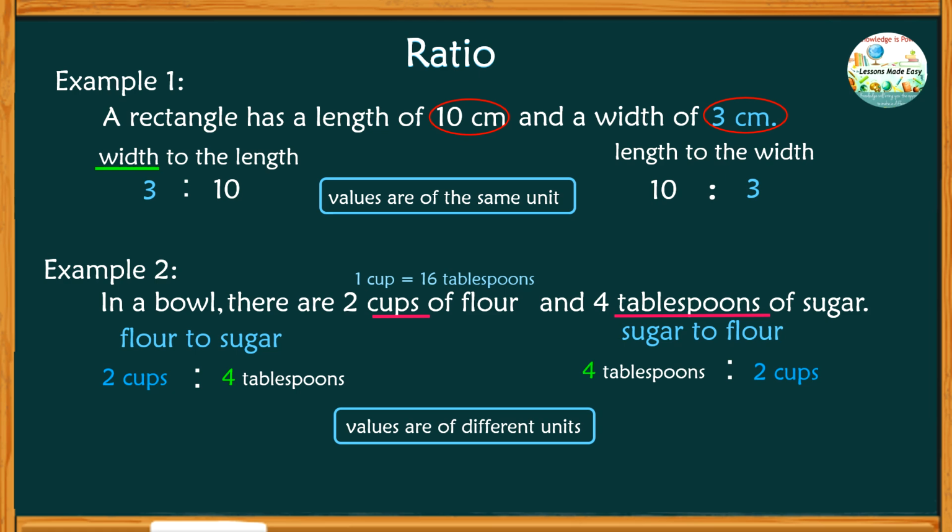We can rewrite this ratio as 32:4, and the ratio of the sugar to flour can also be written as 4:32. In a fraction form, this would be 32/4 and 4/32, which can still be reduced by finding the equivalent fraction.